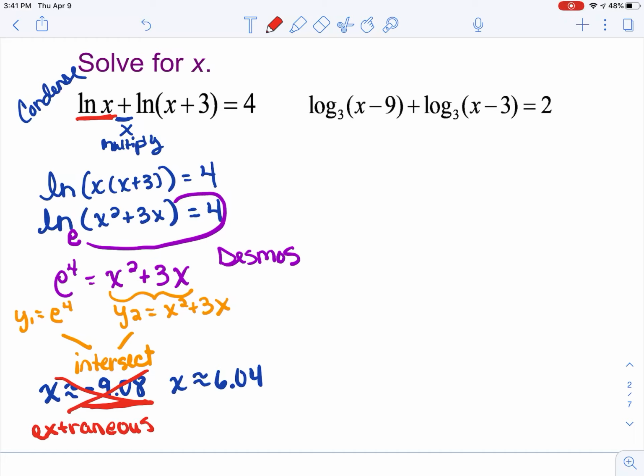Now we're going to do it with our 6.04. Can I take the natural log of a positive 6.04? The answer is yes. Then I go to the second one. Can I take the natural log of 6.04 plus 3? Yes, I still get a positive number. So this is going to be our answer.